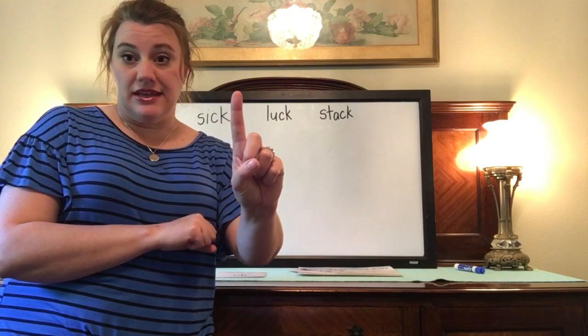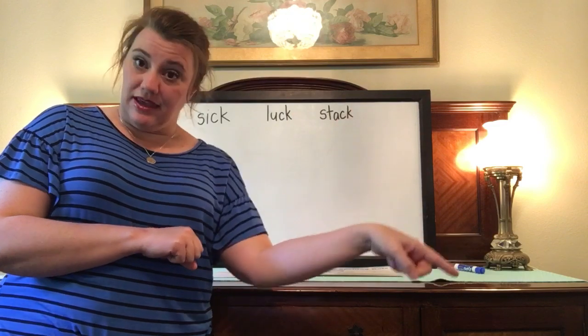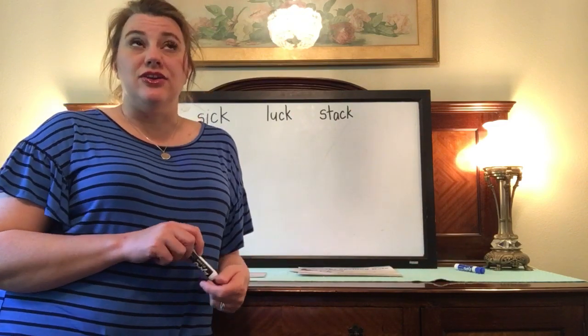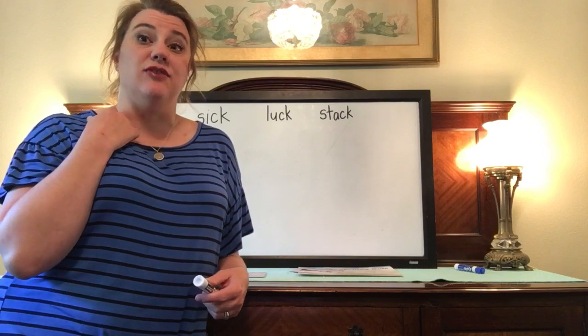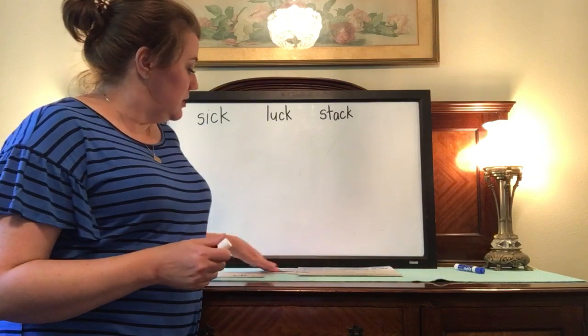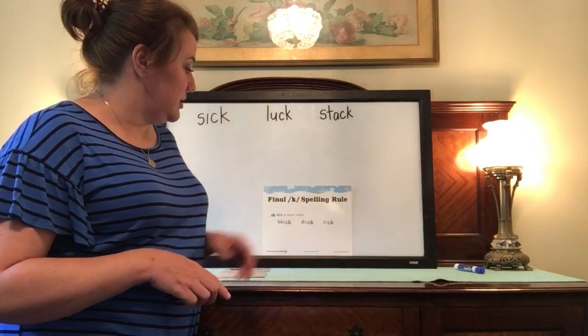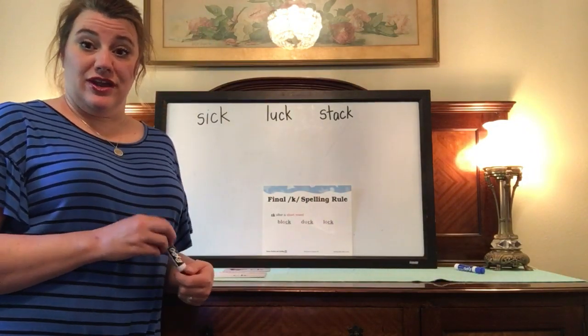But it's not a blend because it's at the end. So it's a digraph. So anytime we hear that sound at the end of a word, we know that it's a digraph and it has to be underlined.